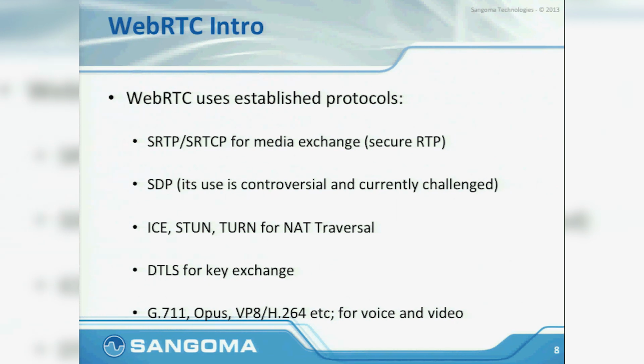We have DTLS for key exchange. On the VoIP world, again, for those familiar with the VoIP world, usually the key exchange is done in the SDP. It's done in the SIP. During the SIP signaling, you can exchange your key, your encryption key, and then you can start encrypting the RTP and convert it into SRTP, right? For WebRTC, because everything is about media, DTLS already exists before.